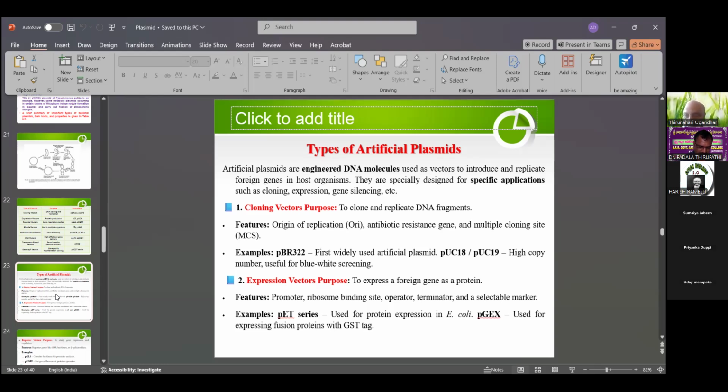They are specially designed for specific applications, such as cloning, expression, and gene silencing. There are three types, based on these characters: cloning, expression, and gene silencing.